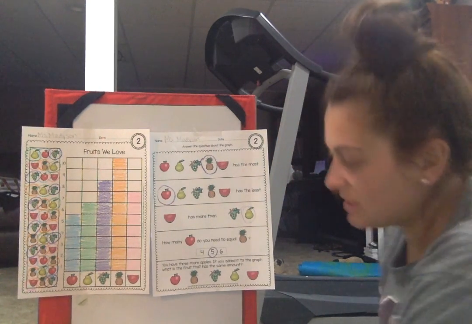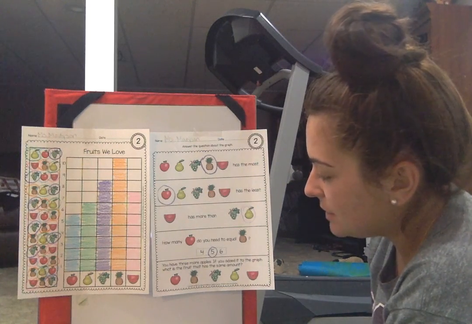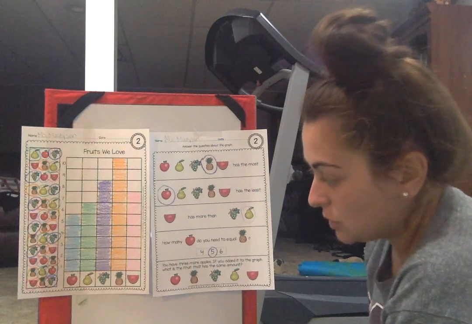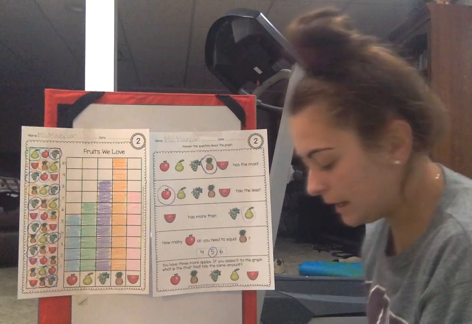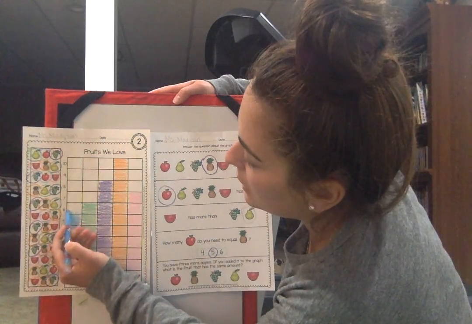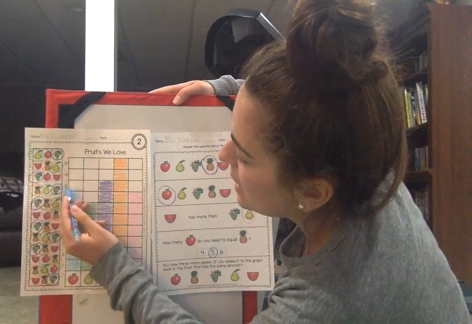Okay, so the question says, you have 3 more apples. If you added it to the graph, what is the fruit that has the same amount? So let's add 3 more apples to the graph. So 1, 2, 3.